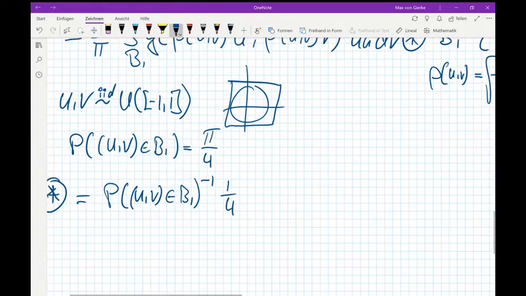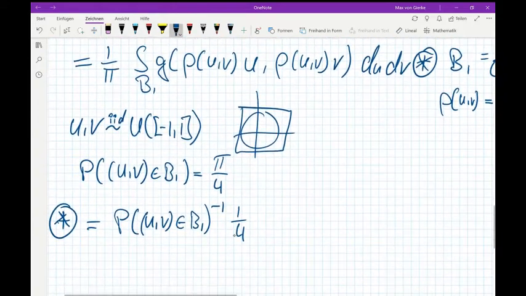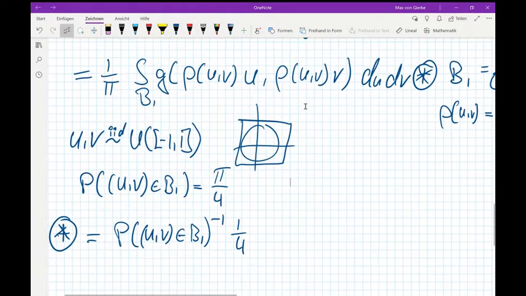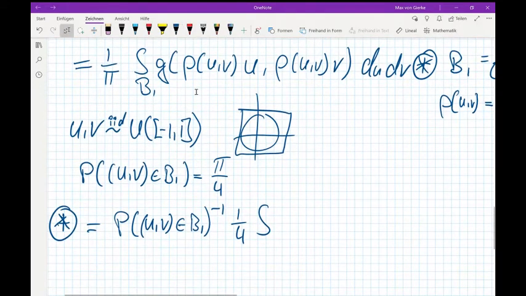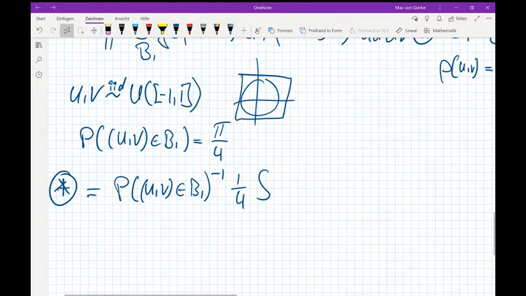And now, because we want to do something with these random variables, it's no coincidence that these are called u and v, and we have a u and a v here because we use it now here, and we don't look at this unit ball anymore, but at this square. So we integrate now over this set.